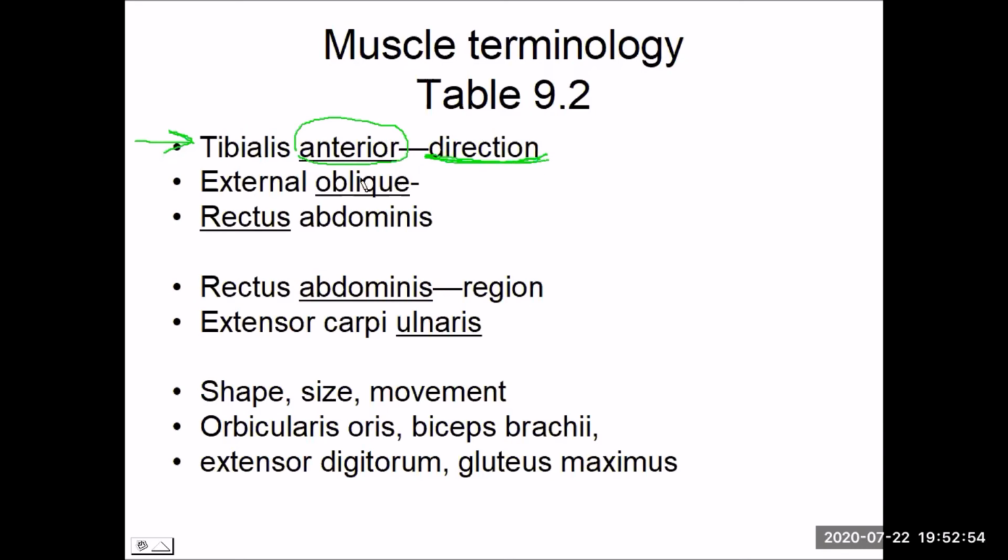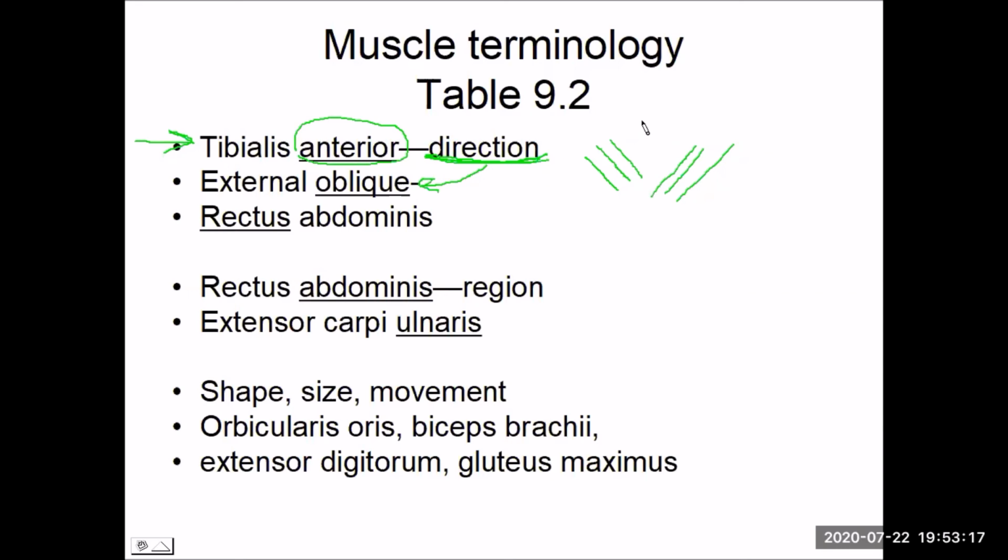characteristic of the name. You can see here what's known as external oblique. Well, anytime we see the word oblique, that means something's running at an angle, and that is the position of the external oblique muscles on our abs. The rectus abdominis, the term rectus means straight.